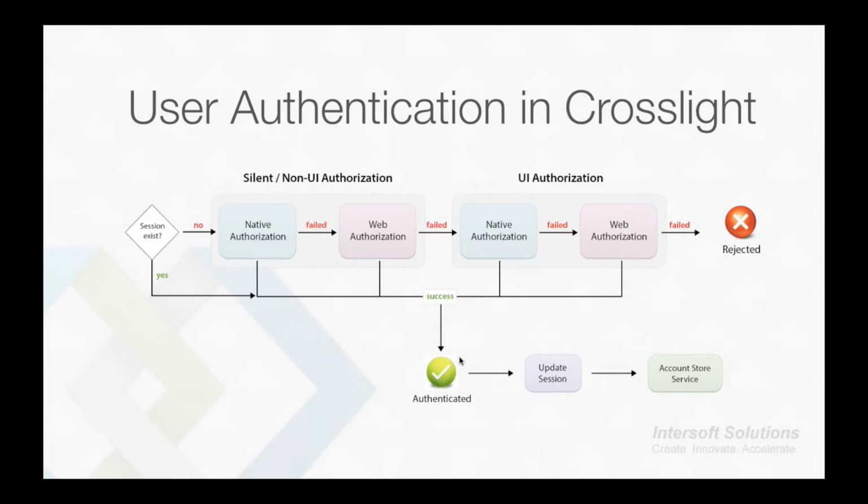The session is updated and stored into the Constore service. If the session does not exist, it tries the silent native authentication that's in the operating system level. If it fails, it will try using the UI web authenticator. If all fails, then the authentication is rejected.